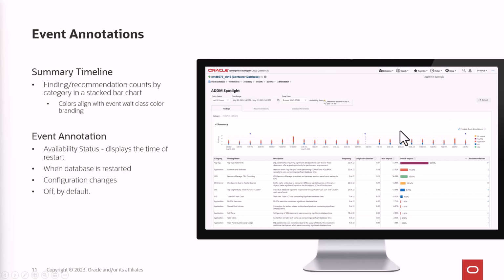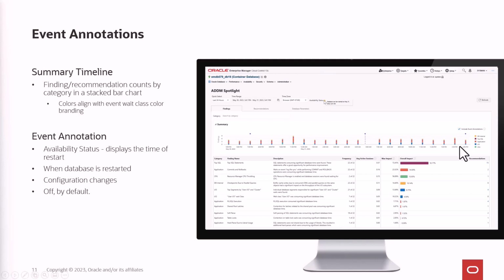When the DB restarted within the specified time window, an availability icon is visible. As you hover over it, you can see the exact time of the recent DB restart. As for the configuration changes, it gives before and after values of modified parameters.